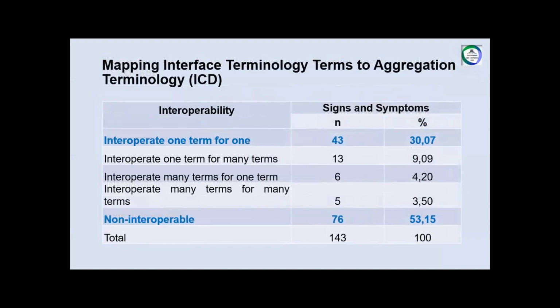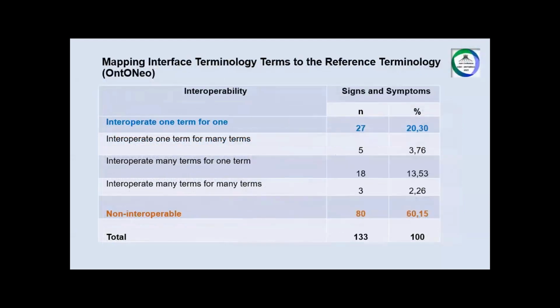So this is the map from interface terminology to aggregation terminology, ICD-10. We have interoperable one term for one term at about 30%. It's almost the same as the previous one.